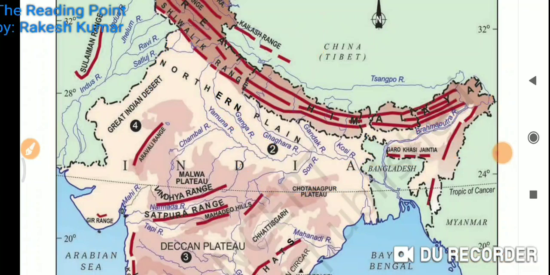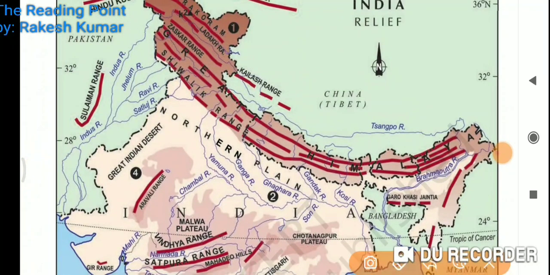It extends from the Satluj river in the west to the Brahmaputra river in the east, about 2400 kilometers. Here is the Satluj river and here is the Brahmaputra river. So its length is almost equal to the Himalayas, approximately 2400 kilometers.